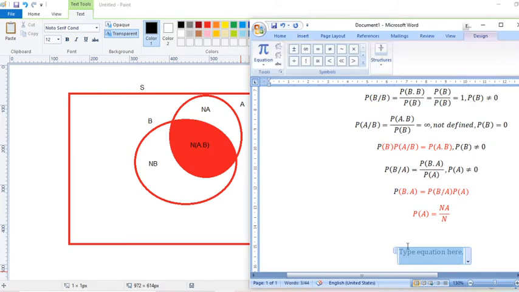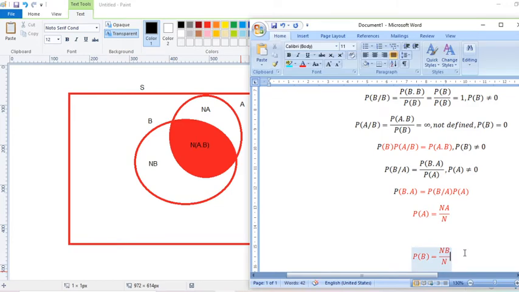Probability of B equals NB divided by N, the number of favorable cases to the event B divided by total number of cases.